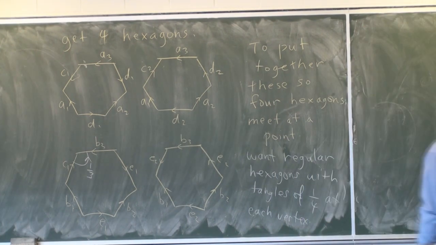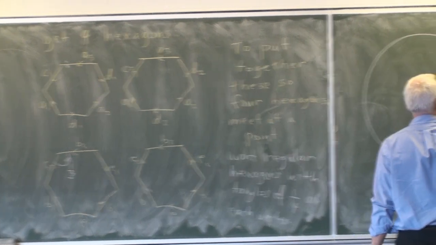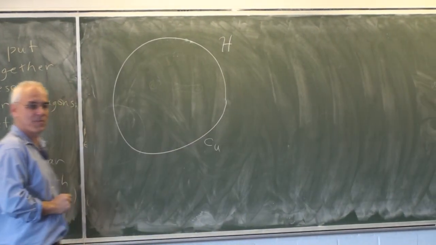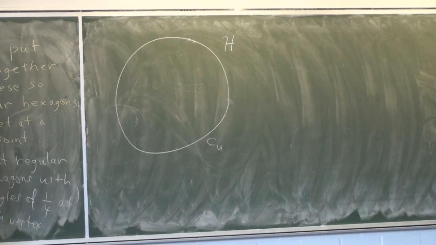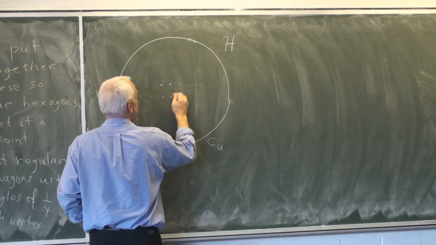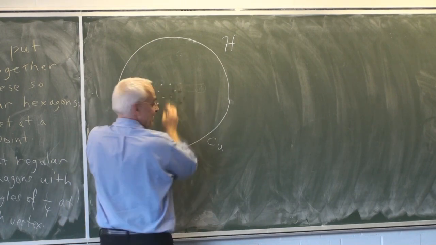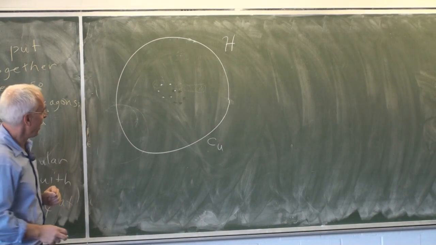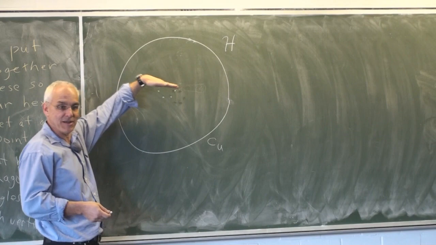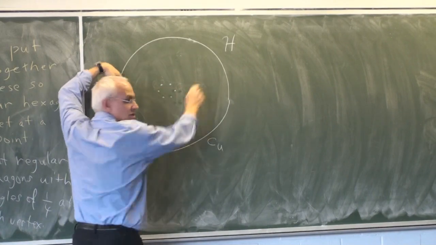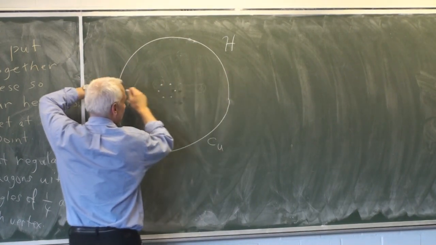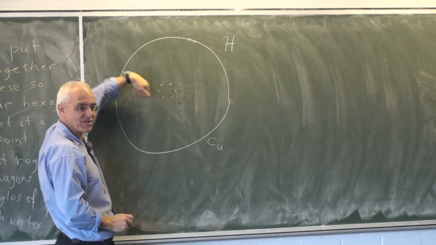So let's have a look at our hyperbolic plane. There's our unit sphere. The interior is the hyperbolic plane. If we have 6 points which are very close to the center of the sphere, and they're regularly spaced, then the hyperbolic lines through them are pretty well straight lines, because these circles that are supposed to meet perpendicularly, if they're going through the center, are almost straight lines.